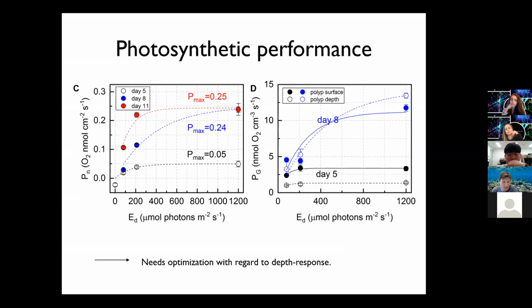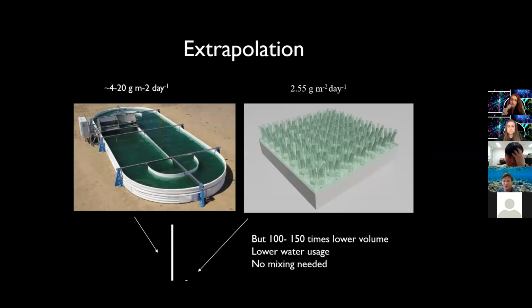In terms of photosynthetic performance, they're doing well, but we still have to optimize a few things with regard to the depth response. I'm not going into much detail here. And if we extrapolate this, now trying to compare a bit with commercial techniques and approaches, in a simple open pond raceway, you can get about 4 to 20 grams per square meter per day.